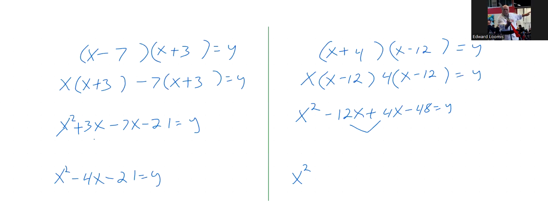Signs are different, so I subtract. 12 minus 4 is 8x's. My biggest number is 12, and it's negative, so my 8x is negative. My constant, that's the number without the variable, is negative 48, so I'm just going to bring it straight down, negative 48, and that whole thing is equal to y.